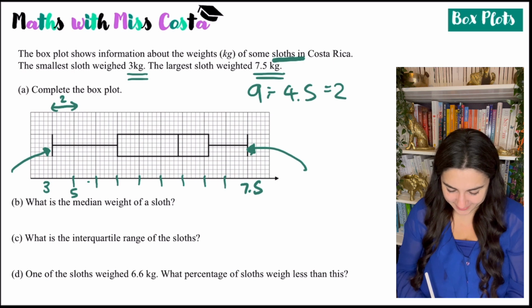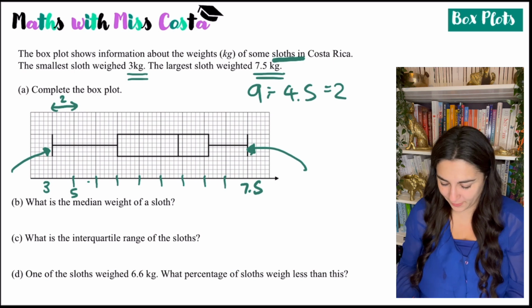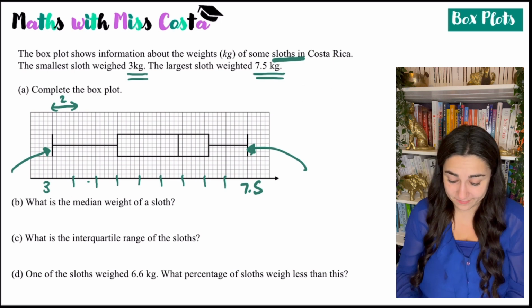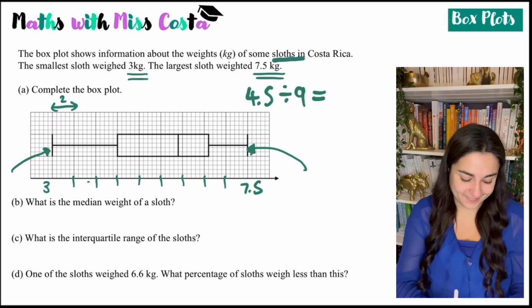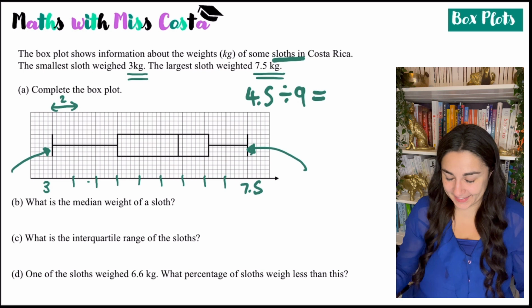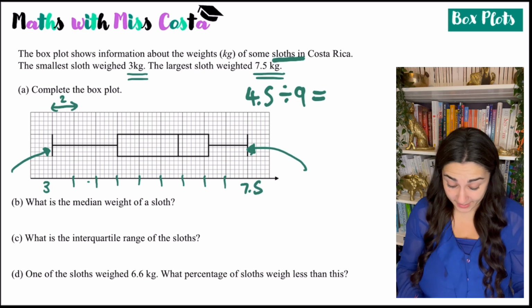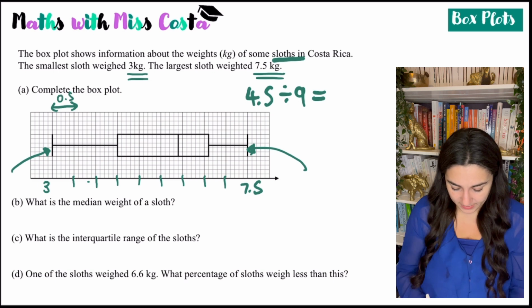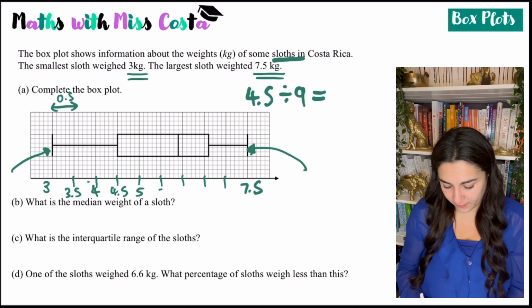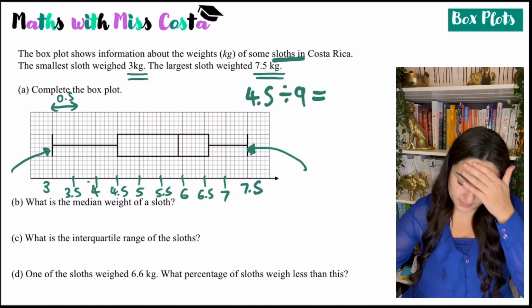I was supposed to do 4.5 divided by 9, sorry, because the distance is 4.5 and there are 9 squares. So each little square must be 0.5. So that would be 3.5 here, 4, 4.5, 5, 5.5, 6, 6.5 and 7. So you work out what the distance is.